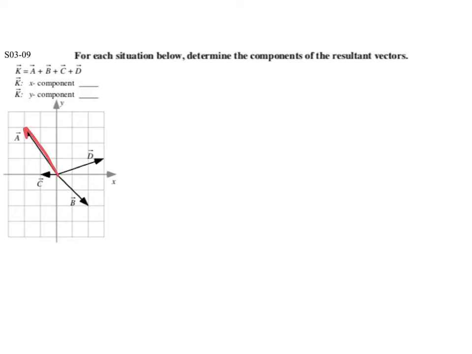So we get A, and then we're going to add in B. And then we're going to add in C. And then finally we add in D. And our answer turns out to be, from the origin, which is where we started, we end up with this. So we can see that kx is plus 2 and ky is plus 2.